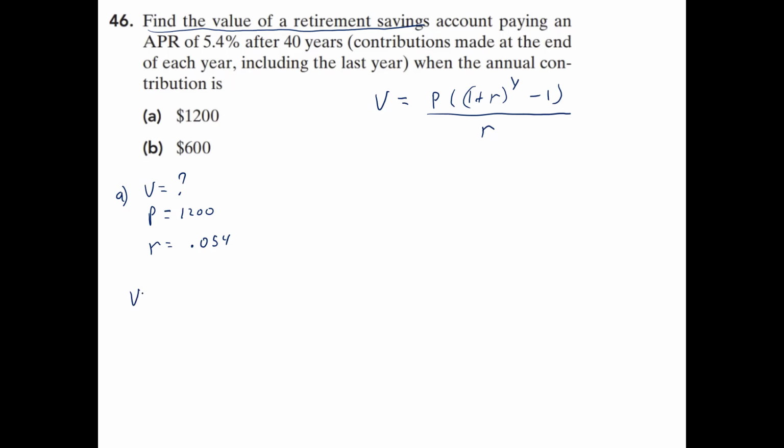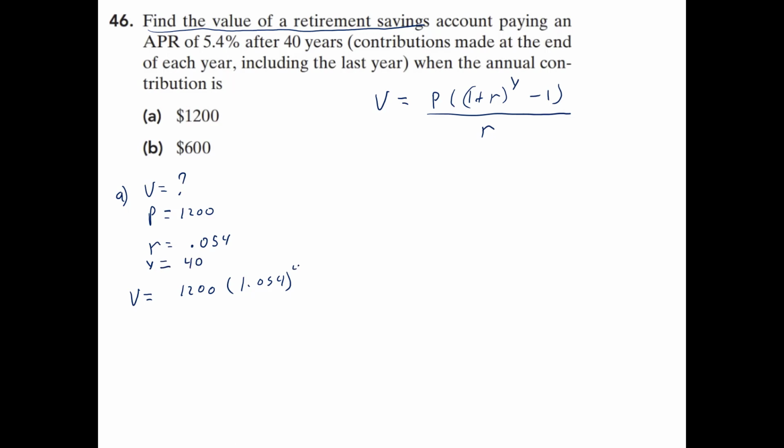So V is equal to P, 1,200, times 1 plus r, so we can do that in our head, 1.054, no need to write 1 plus r. We raise that to the, oh, I'm sorry, I forgot the y. How many years are we doing this for? We're doing this for 40 years.